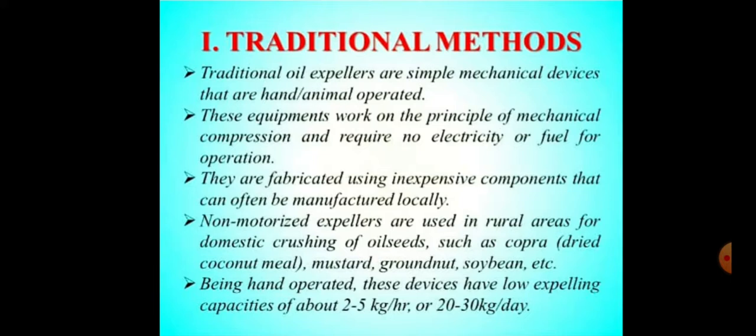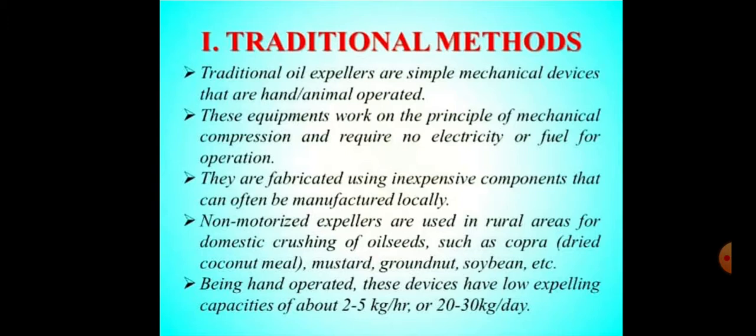These equipments work on the principle of mechanical compression and require no electricity or fuel for operation, as they are operated with the help of human energy or animal energy. That's why the energy input is zero, meaning outside energy, that is electricity etc., is zero. So here only labor work is done.